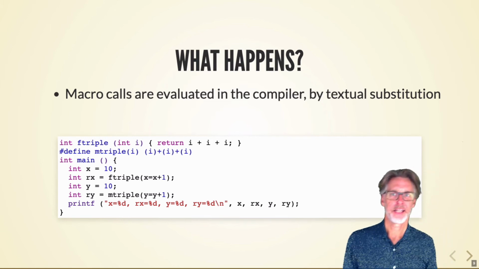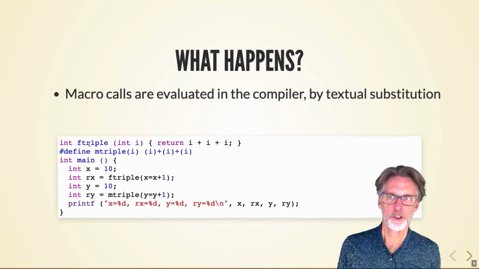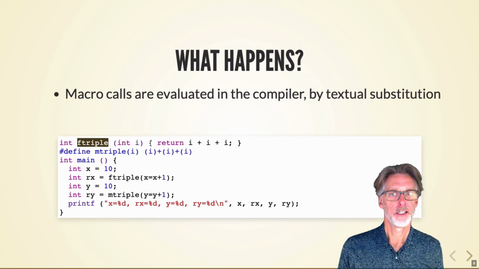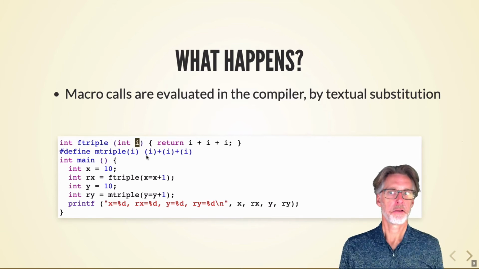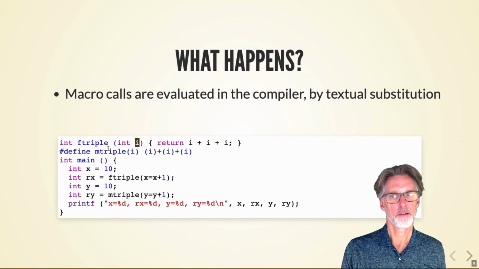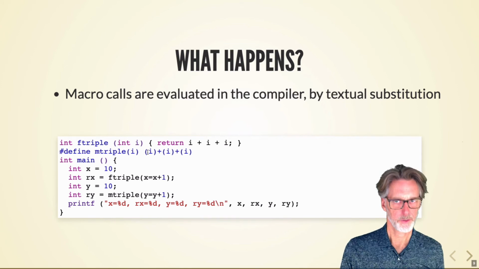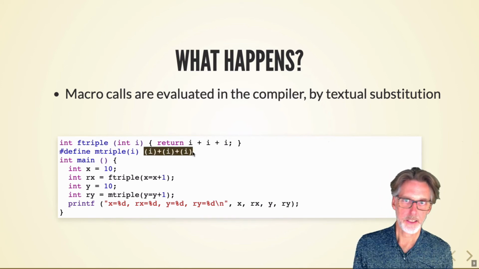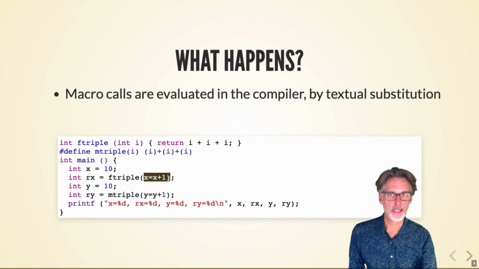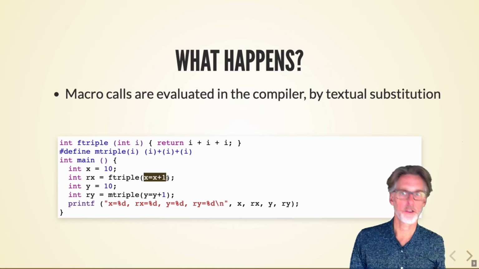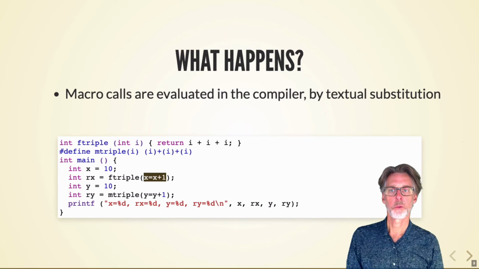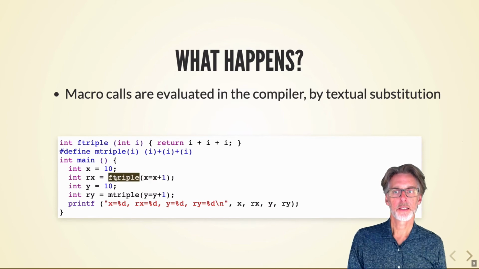So if you have a function that uses a parameter multiple times, that will have a very different effect than if I have a macro that uses a parameter multiple times, in the case that I pass a side-effecting expression in. How do we expect this to execute?